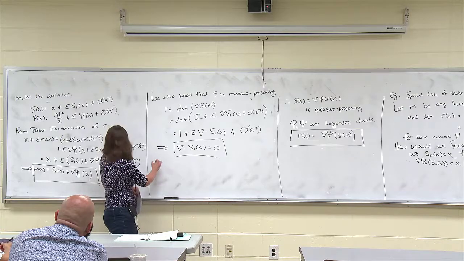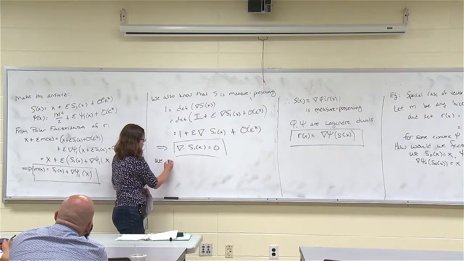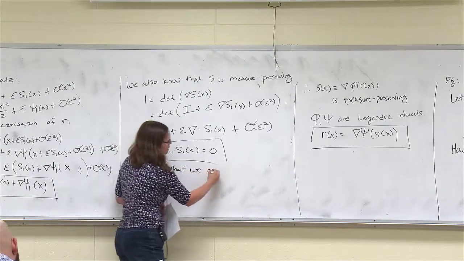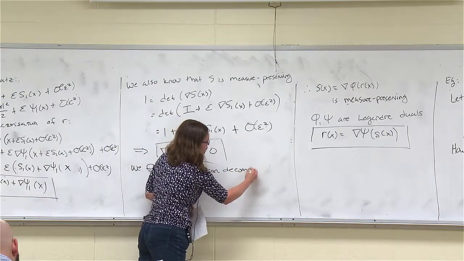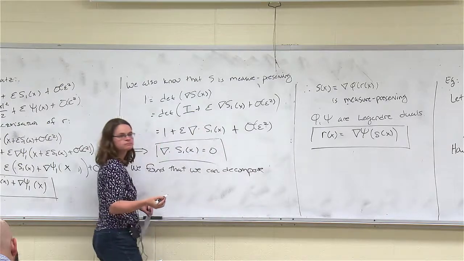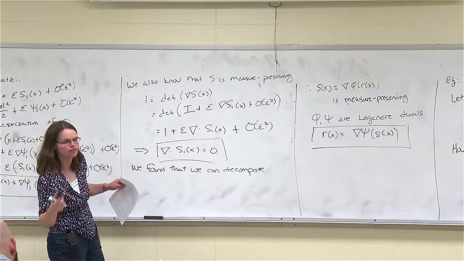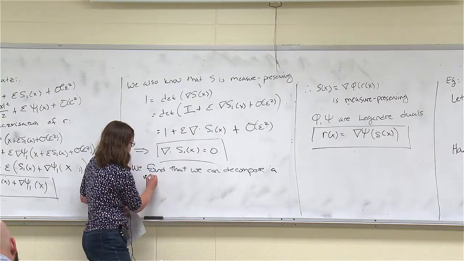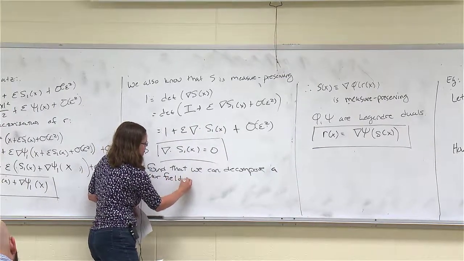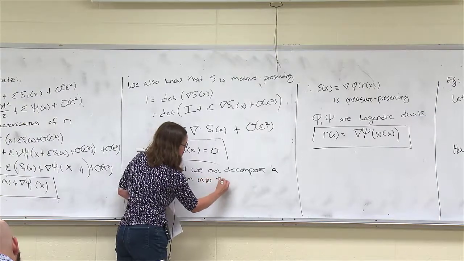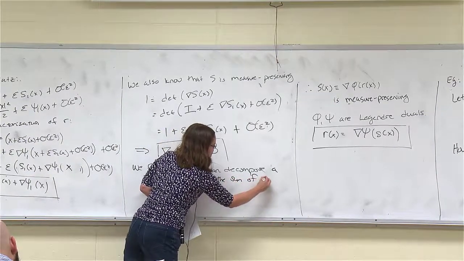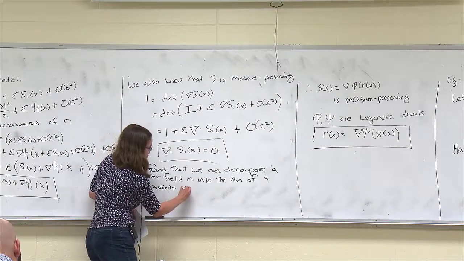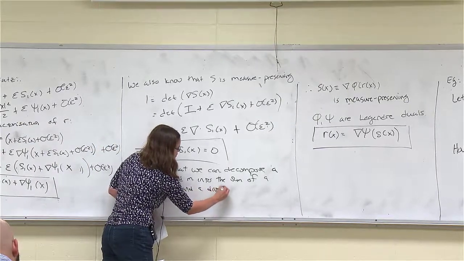Okay, so what have we done? We found that we can decompose an arbitrary vector field, not a gradient field, into the sum of a gradient and a divergence-free field.